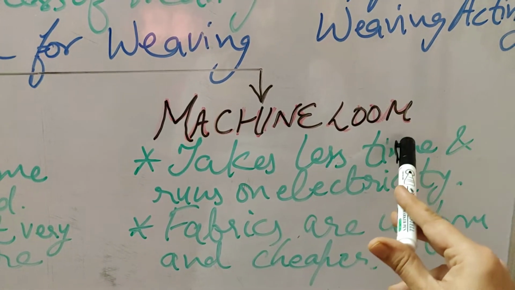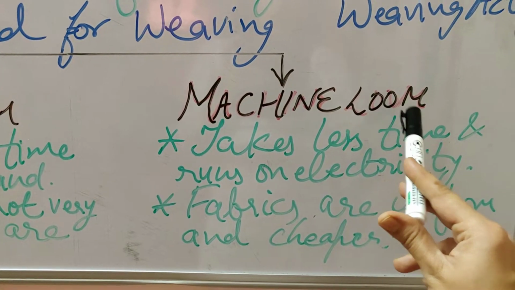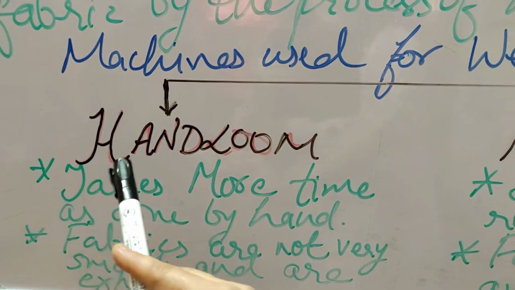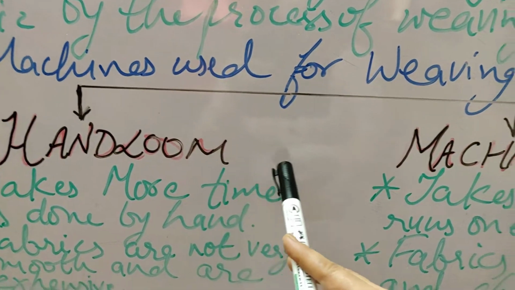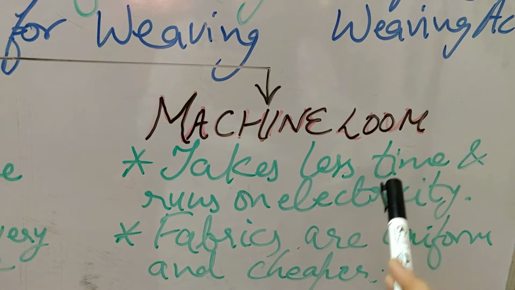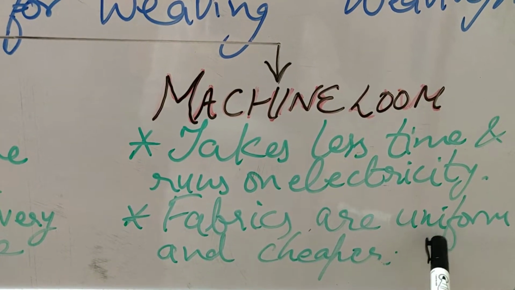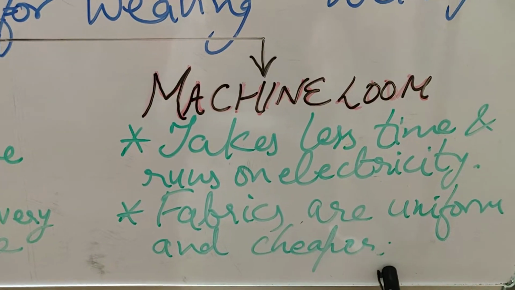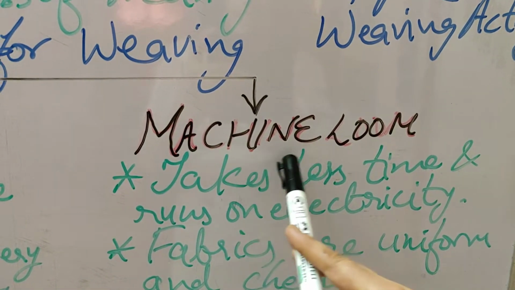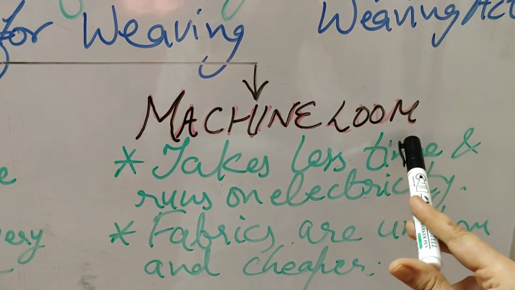Weaving by machine loom is better than weaving by hand loom, because it takes less time, it takes less labor, it is more efficient, the clothes are cheaper, and more clothes can be made in the same amount of time.